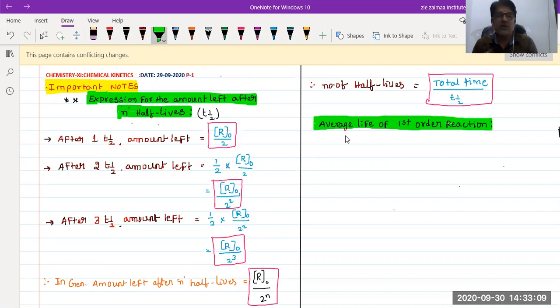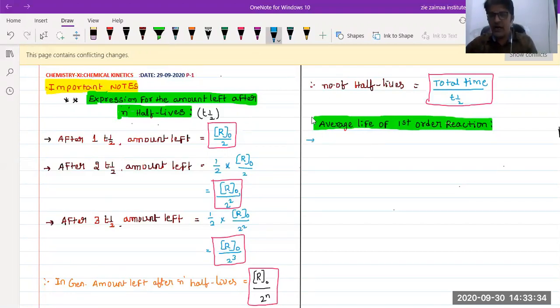Here e stands for the exponential factor. So the amount of reactant is reducing to 1 by e of the original concentration.